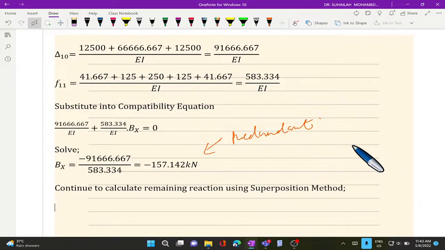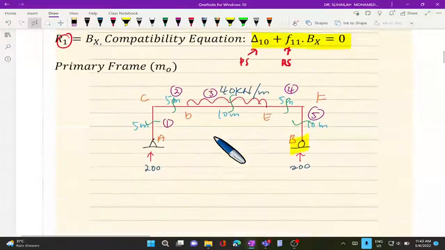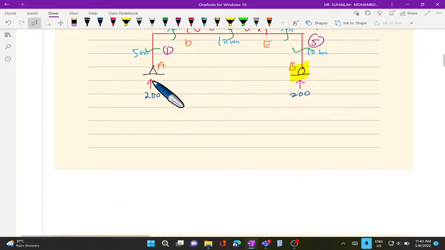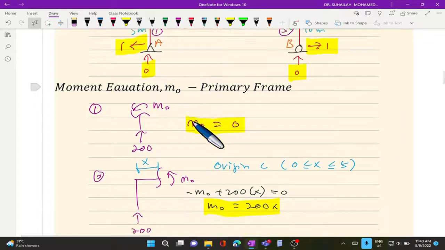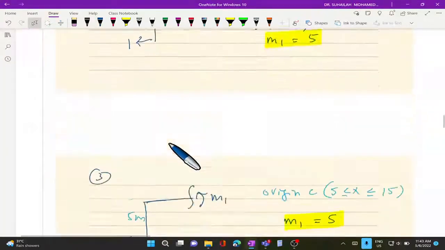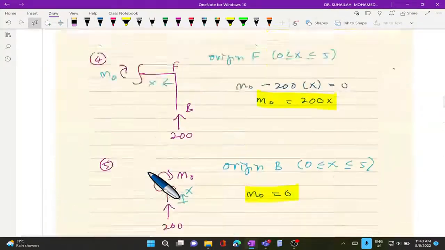To calculate AY, AY is equal to 200, it is just 200 kilonewton, because 0 times the redundant. Now for AX.